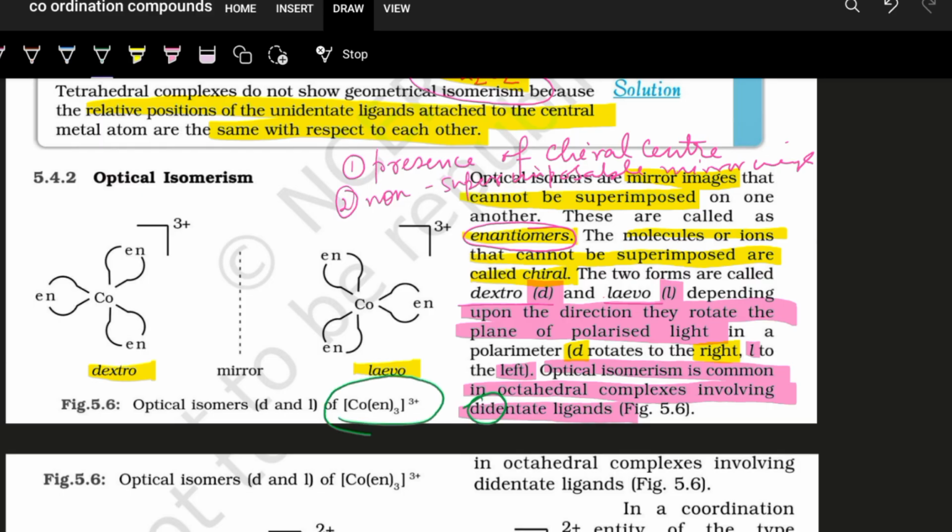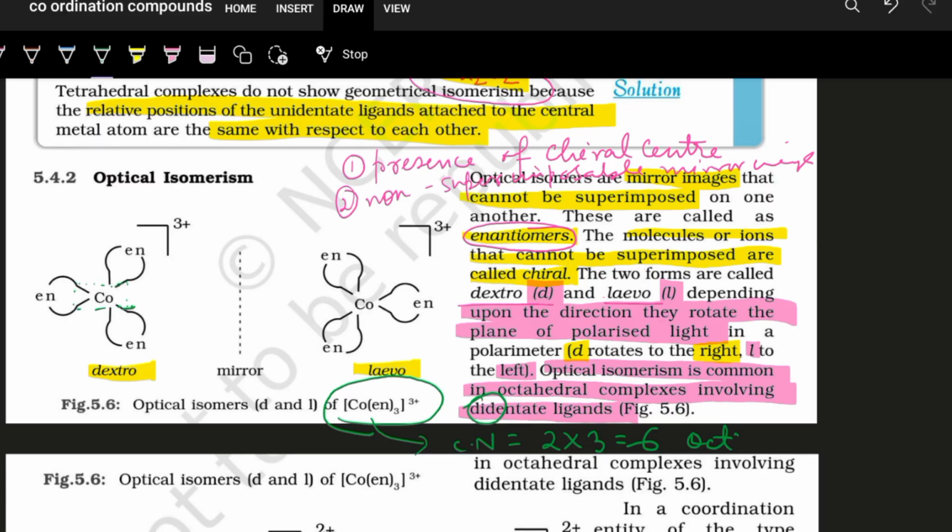So here, with ethylene diamine of denticity 2, having 3 in number, the coordination number is 6, so it is an octahedral complex. So ethylene diamine with dextro, how can you draw it? You will first draw in this manner and then try to make the en linkages.